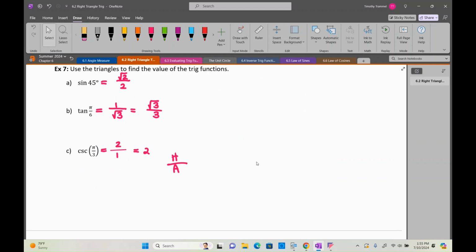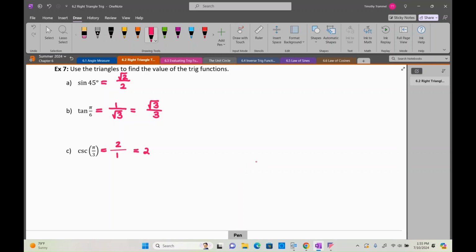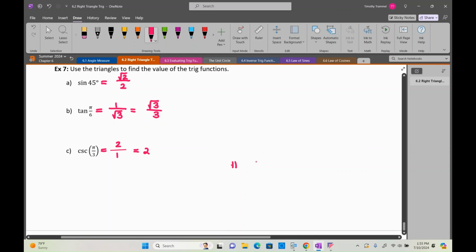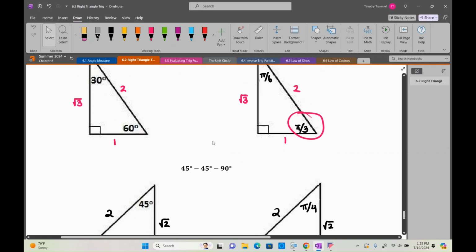Something just feels a little off to me here. So, that's what it is. I think I had originally written that sine, right, is opposite over hypotenuse. Well, cosecant then should be hypotenuse over opposite. That's why this isn't coming out right. Okay. So my opposite side is not 1, it's √3.